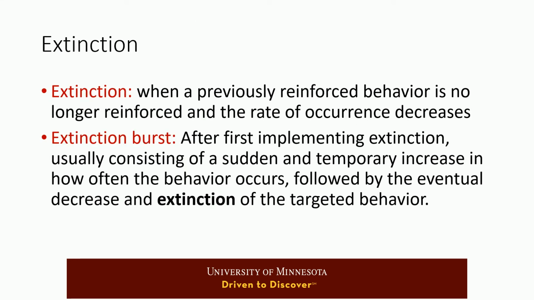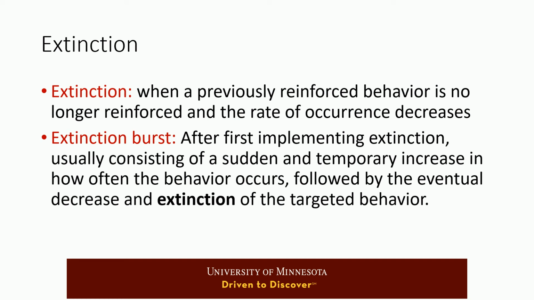The next principle that we want to talk about is extinction. Extinction is when a previously reinforced behavior is no longer reinforced and the rate of occurrence decreases. For example, if you're giving somebody attention, say reprimanding somebody, so it's giving attention for engaging in certain behaviors, we are hoping that by removing our attention those behaviors stop occurring.